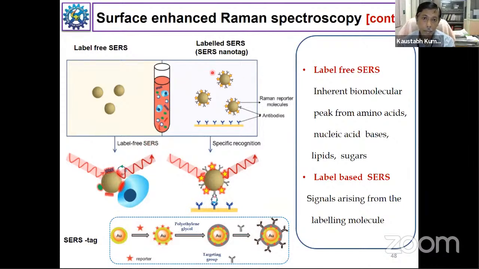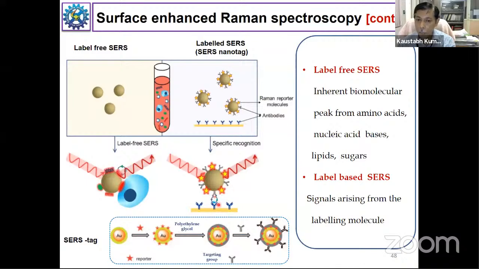Whereas in the label-based approach, you have a suitable Raman reporter which can give a specific Raman signature peak, incorporated in the nanoparticles along with your targeting groups. When these targeting groups, like antibodies, are conjugated, they are called Raman tags. When these Raman tags are incorporated with your analyte of interest, recognition happens between the antigen and antibodies.